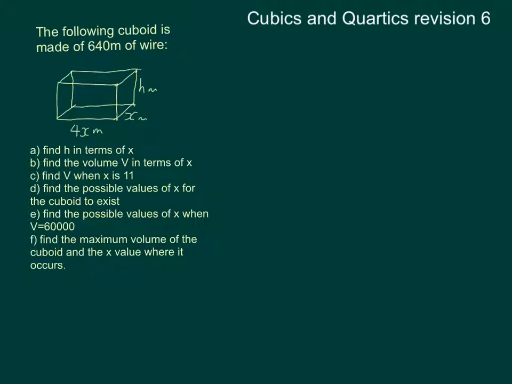If we look at this diagram, we've got a 4x dimension, which is 4 of those. So when we're making up our equation, we need to have 4 lots of 4x. And we also need to have the x component, so there's 4 lots of just one x.